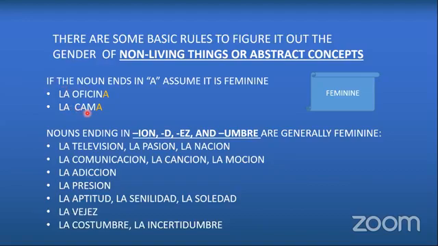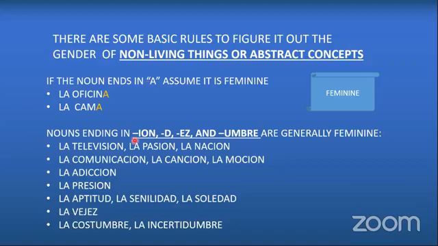Let's see the next one here, cama. Even if you don't know what it is, see the ending, it ends in a. And you are going to say, I'm going to put la because this is a feminine one. So if the noun ends in a, assume it's feminine and you are going to be 90% correct.